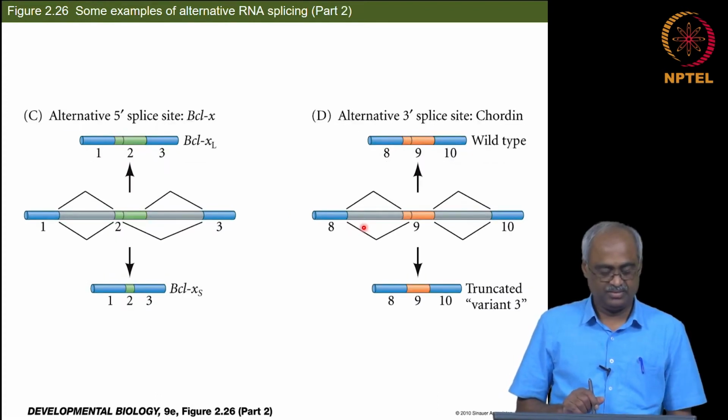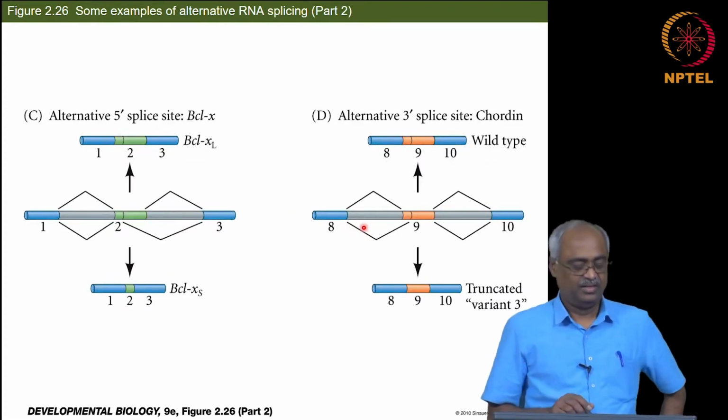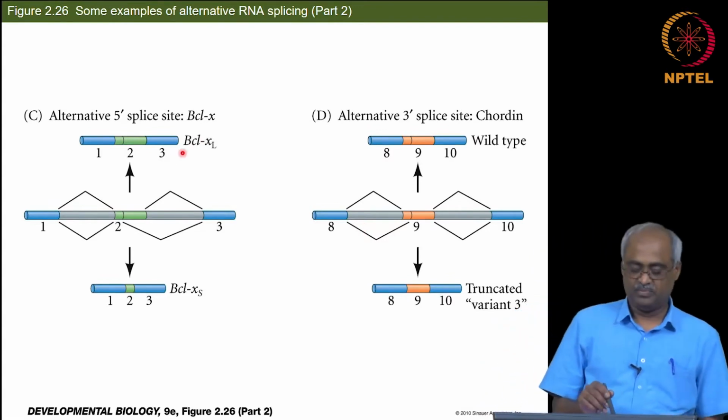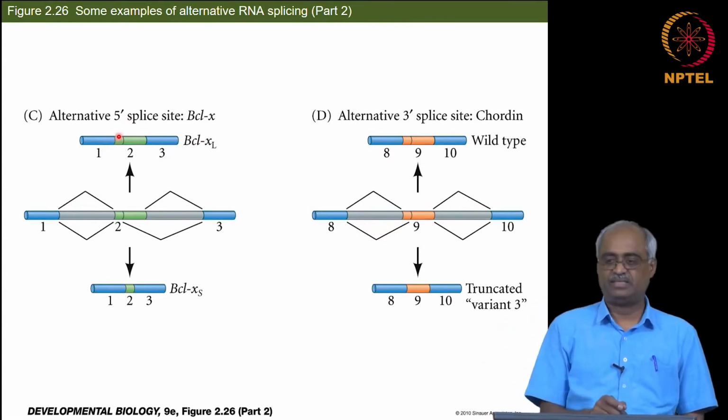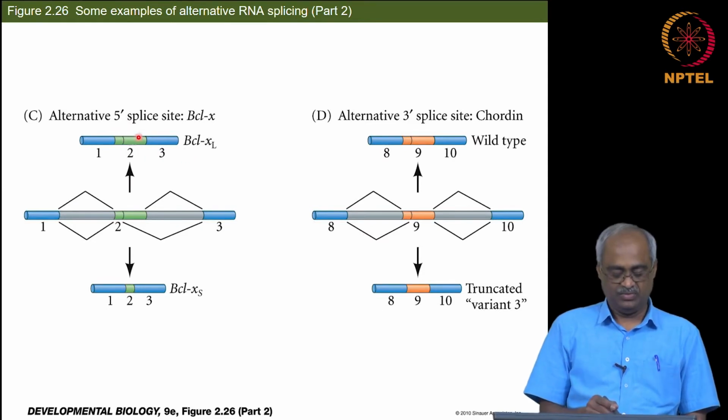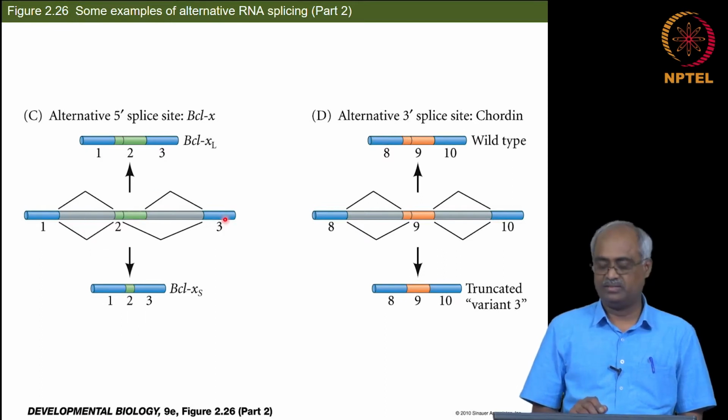And the third is alternative splicing by splice site variation, okay, 5 prime splice site here, the donor site. If you look at this exon 2, you will see that these lines, particularly the line between exon 2 and 3.